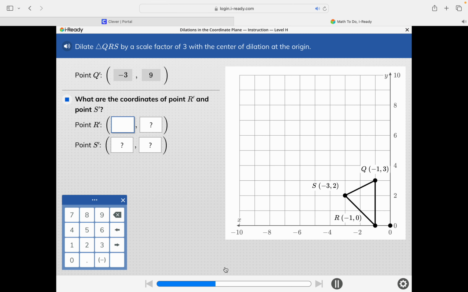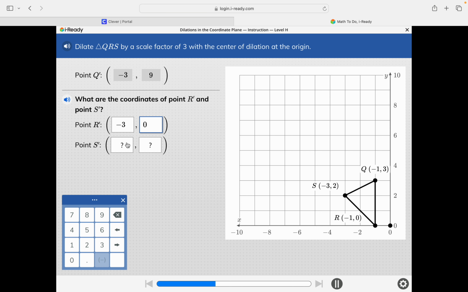Almost halfway. What are the coordinates of point R prime and point S prime? We didn't find those, but we can find them. R prime: -1 times 3 is how much? We have to do the 3, right? It is -3, and 0 times 3 is 0.